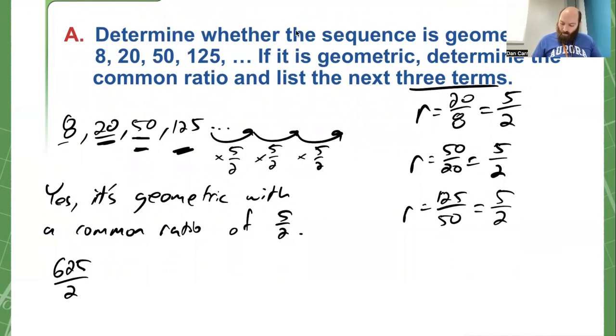We're going to multiply that by 5 over 2 as well. Again, I'm multiplying by 5 over 2 for each step. If I multiply by 5 over 2, I get 3,125 over 4. And I do the same thing one more time.